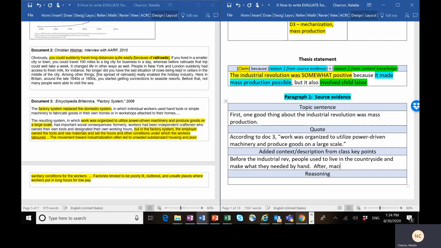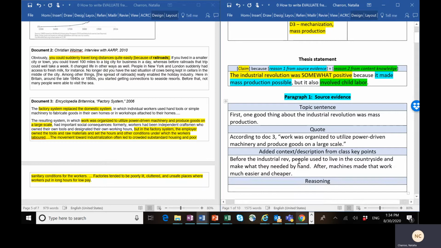After, machines made that work much easier and cheaper. All right, so whatever you do for adding context or description, as long as you are adding some definition, some short-term cause and effect, some descriptive detail that you learned in class, you are good to go.